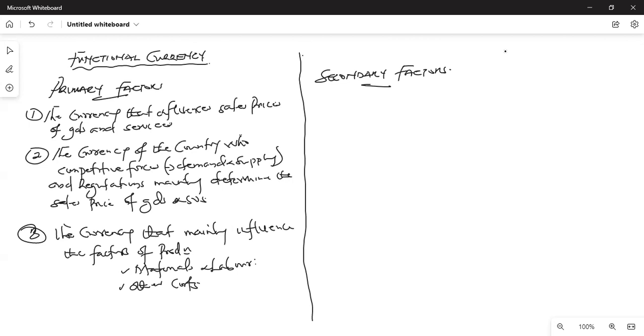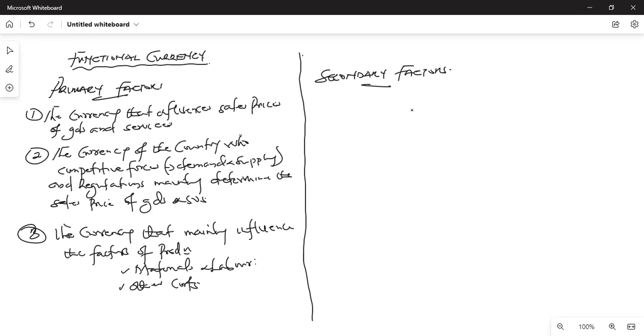So typically in a Ghana situation, everything is in cedis. So your selling price will be in cedis. The country in which demand and supply is done is in cedis. The currency that influences factors of production is also in cedis.